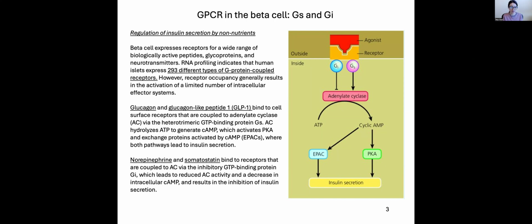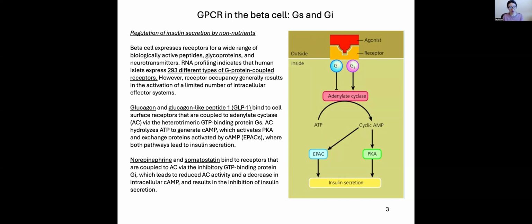And in human islets, the RNA profiling found 293 different types of GPCRs. However, for a large amount of them, they actually share the same downstream cascade.